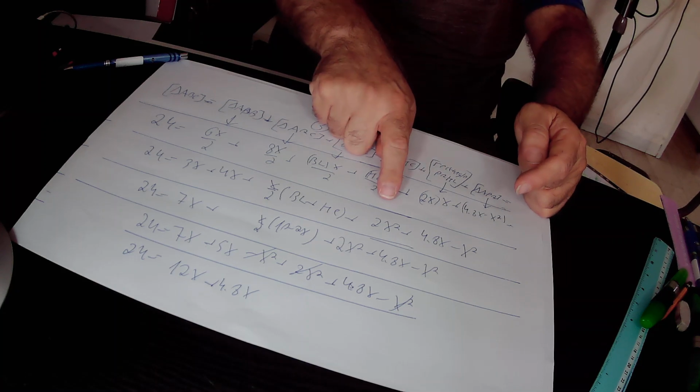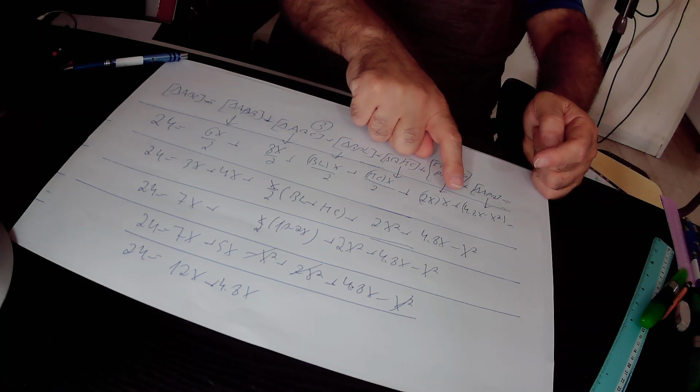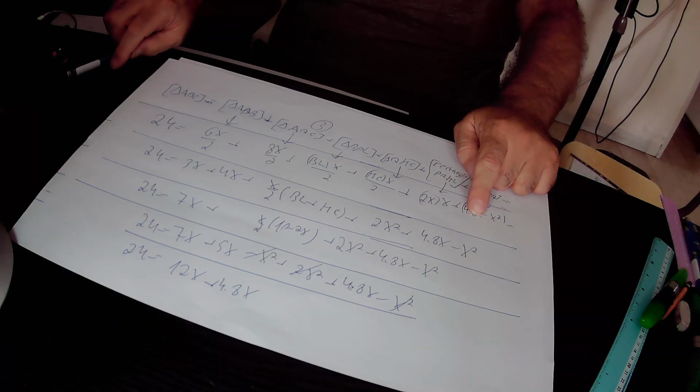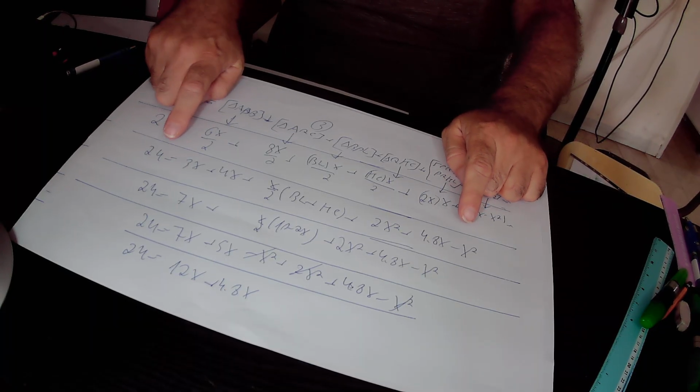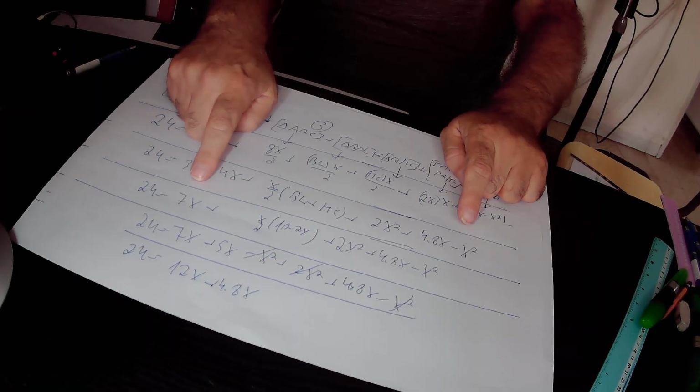2x times x is 2x squared plus 4.8x minus x squared. Continue to simplify this expression, and we got that 24 equals 3x plus 4x is 7x.